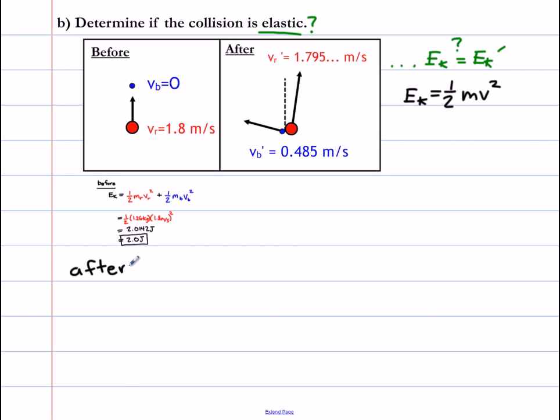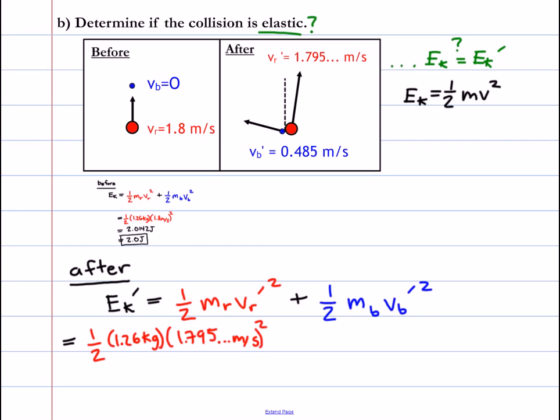After the collision, the total kinetic energy is again the sum of the kinetic energy of the red ball plus the kinetic energy of the blue ball. Keep in mind we're using different speeds after the collision. That 1.795 is still stored in the calculator. And plug in the values for the blue ball.